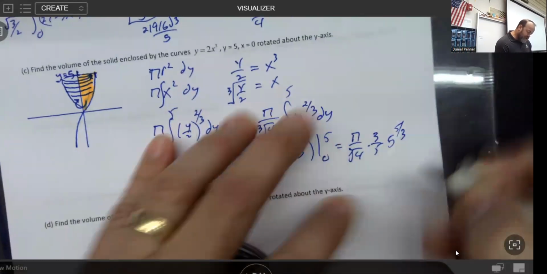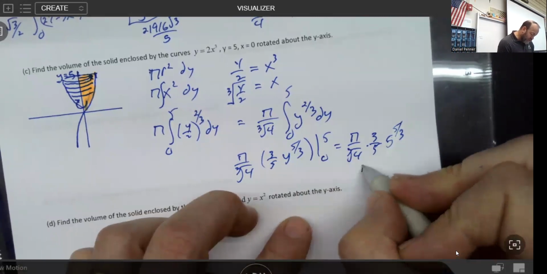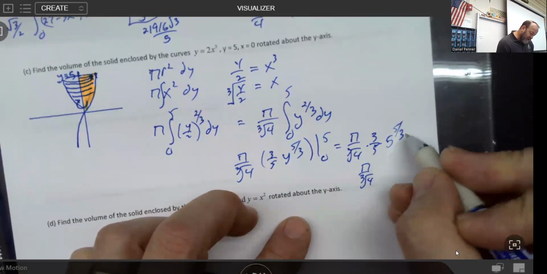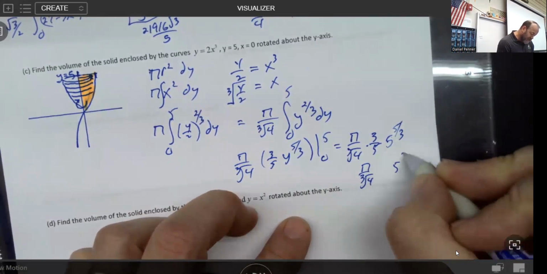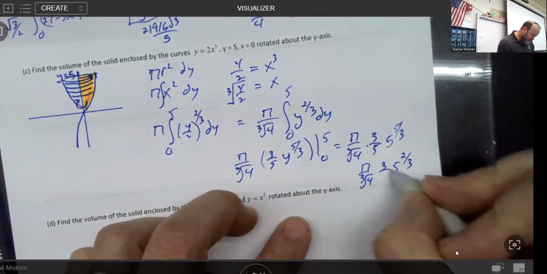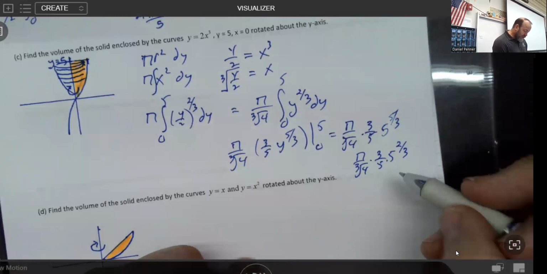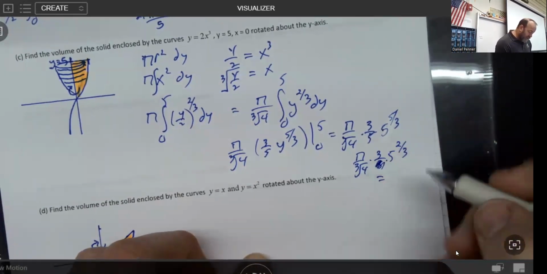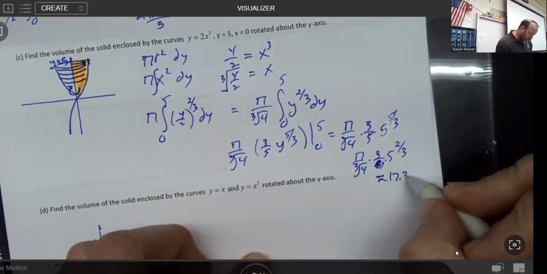What's a little bit nice is this is 5 to the 1st right here. So we've got pi over the cube root of 4, 5 to the 3/3, and 5 to the 5/3 would cancel and leave 5 to the 2/3. And this is 3/5, but it really doesn't, this is gone actually, because I canceled it out, and we end up with approximately 17.361 units cubed.